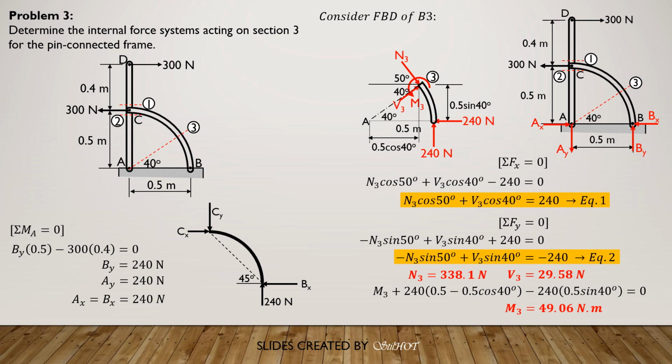Because it is positive, the assumed direction of M3 is correct. You can also compute N3 by summing up moment about A, and if the answer is the same as 338.1, then these answers are correct. So I hope that you will also practice solving more on equilibrium systems and try to consider these internal force systems.